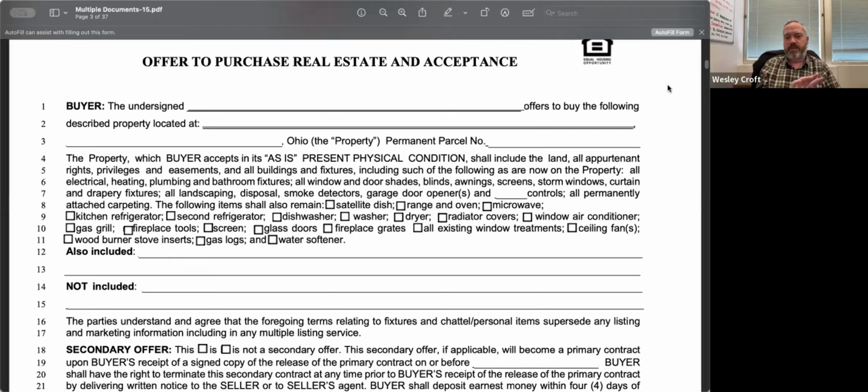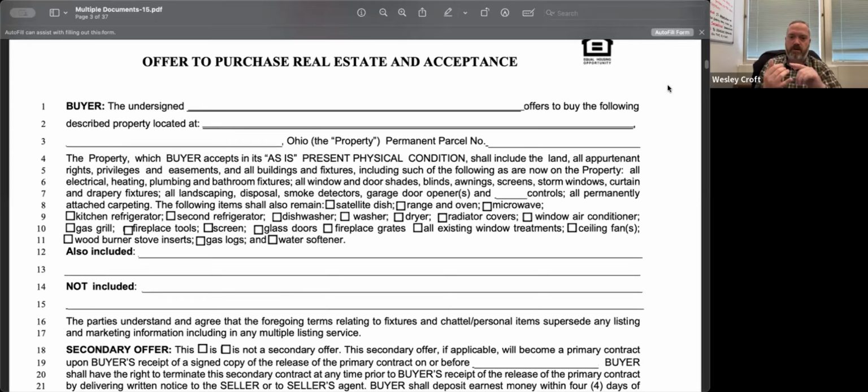Okay. So the buyer accepts it in its as-is present physical condition, including the land, appurtenant rights, privileges, easements, buildings, fixtures, and so forth. Then starting on line 6, it's saying everything that must stay in the property. A lot of what you see on lines 6, 7 and 8 are normal things you would have learned in real estate school.